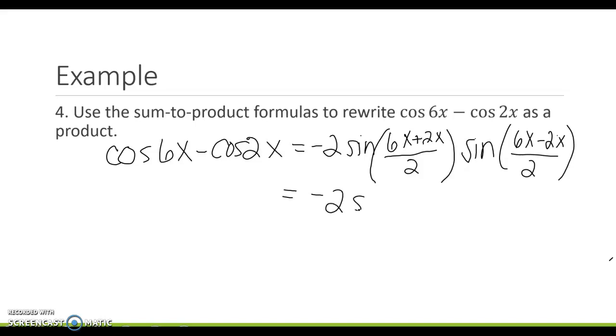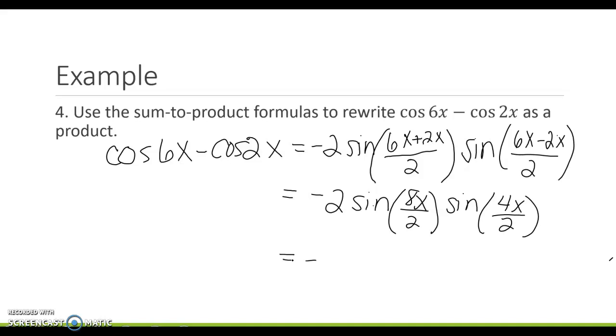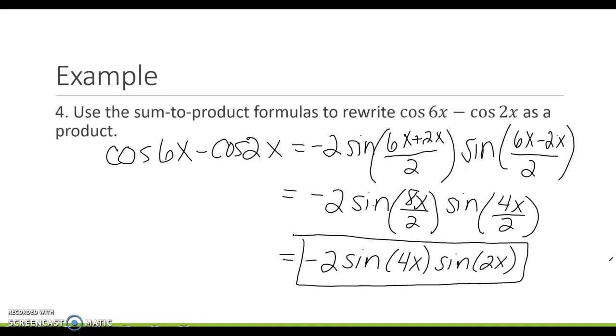So then we get -2 sine, 6x plus 2x is 8x, divided by 2. 6x minus 2x, 4x, divided by 2. Continuing to simplify, sine of 4x times sine of 2x. And that would be my final answer there.